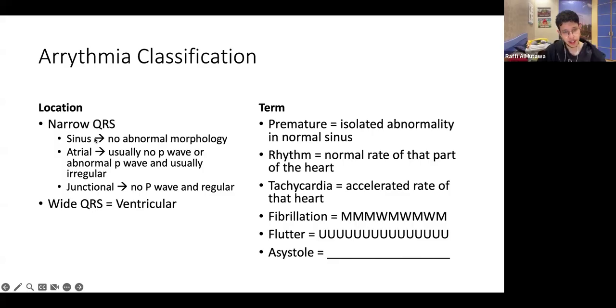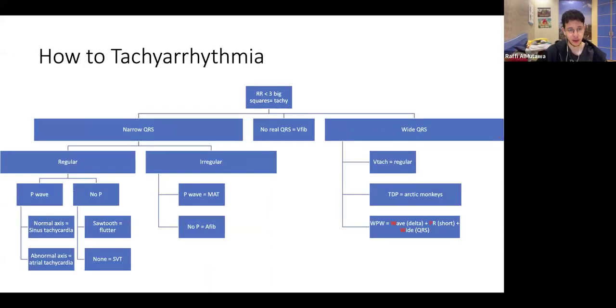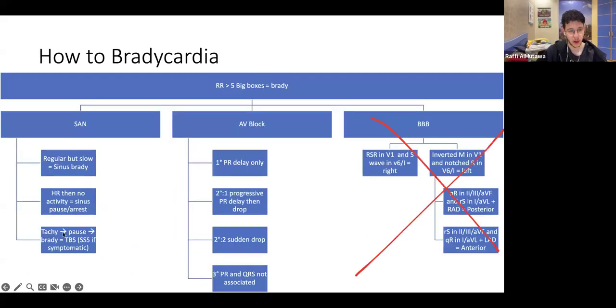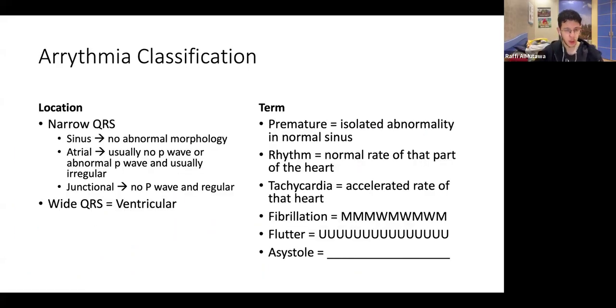If the sinus is responsible for this rhythm, it's going to look completely normal. For example, the rate might be different, or like we said, you might see tachybrady, or it might just pause, but morphologically, it looks fine. With the atria or the AV node, there's usually no P wave, or there's something wrong with the P wave, and usually it's irregular.